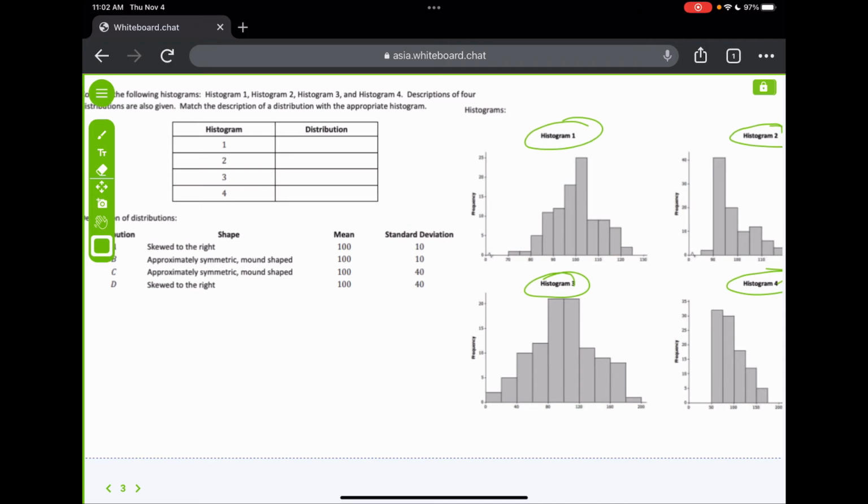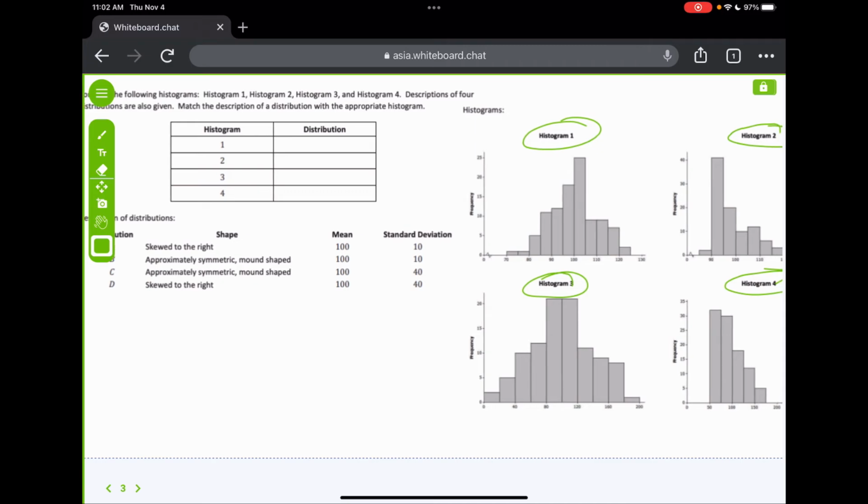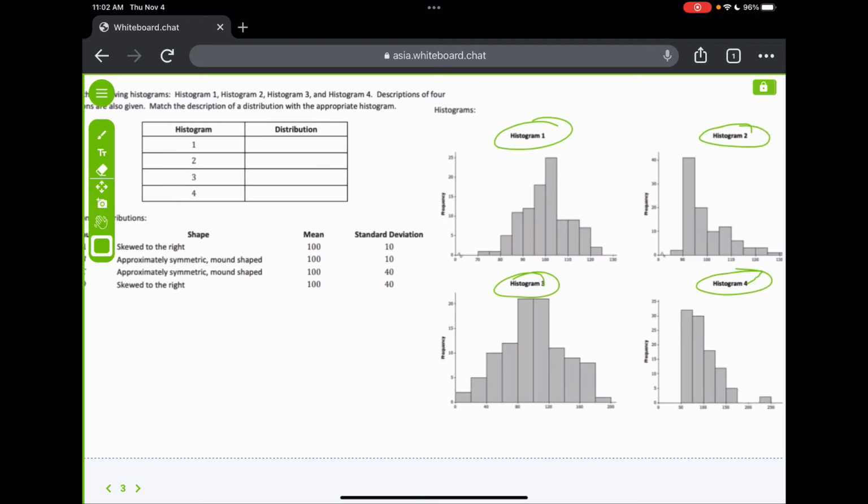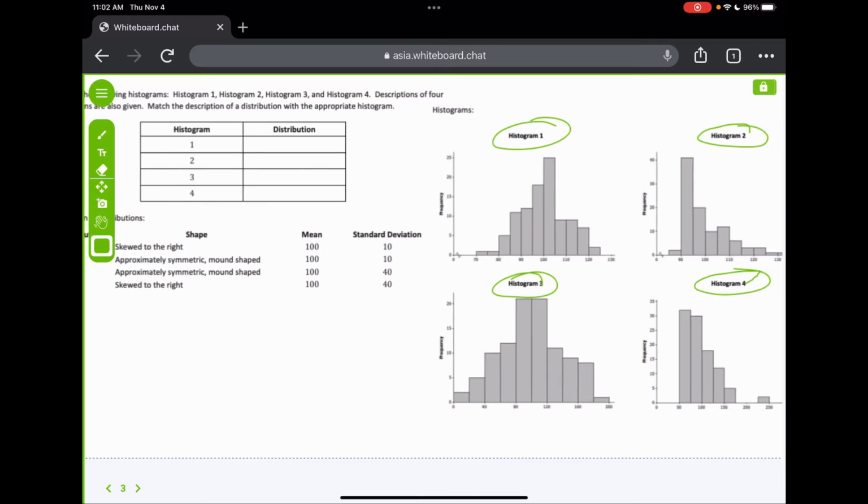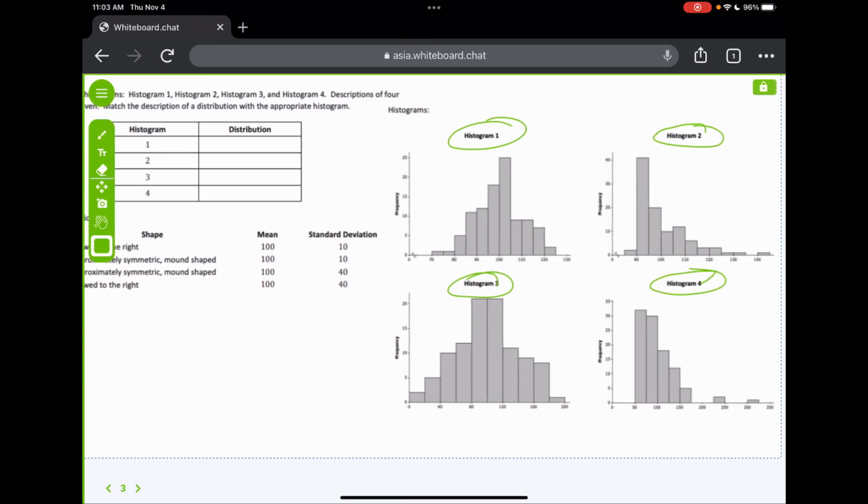Okay, so we're just looking at the skewed right ones right now, so that'd be histogram 2 and 4. And then the only difference between A and D is the standard deviation. Okay? So we have to pick from the standard deviations which one of these graphs it is. Well, a standard deviation of 10 means that the spread is not as great as the spread of a standard deviation of 40, right?